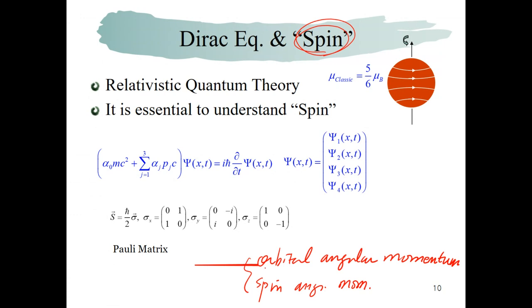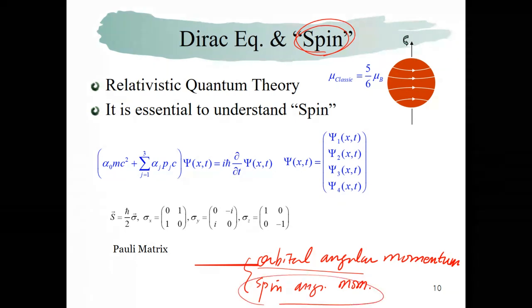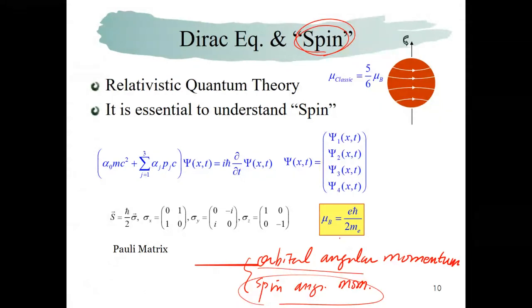But sometimes this orbital contribution is not so important. So many times we play with the spin angular momentum only. Okay. And the magnitude of the spin angular momentum is here. So this is called the Bohr magneton. And actually this is gamma h bar. This is the gamma.